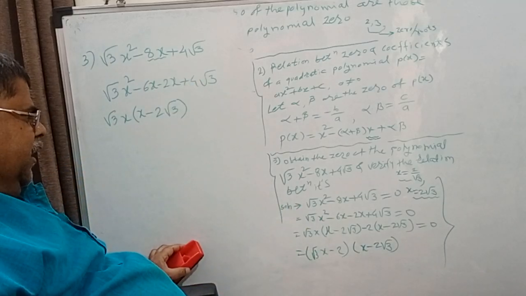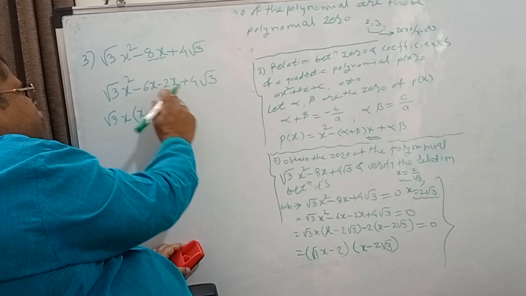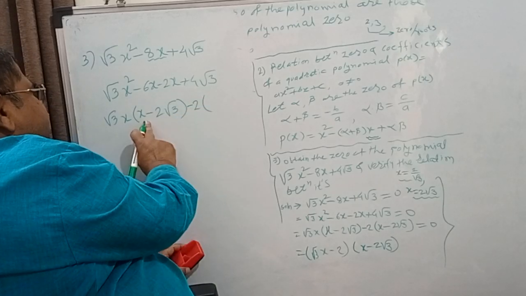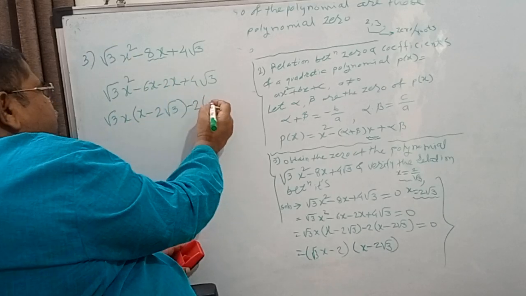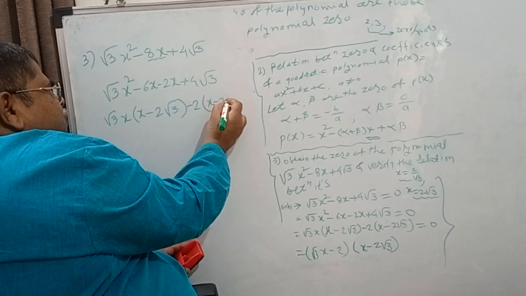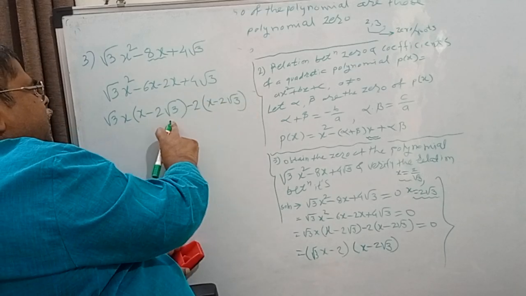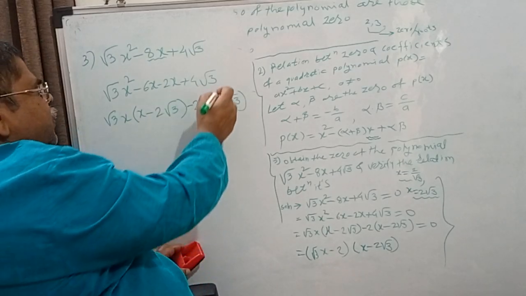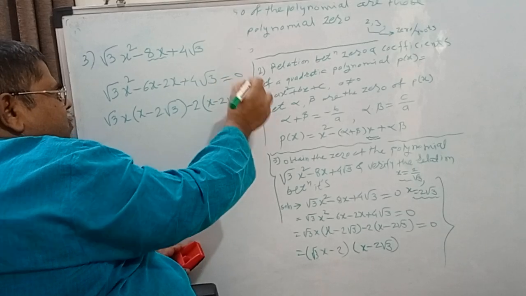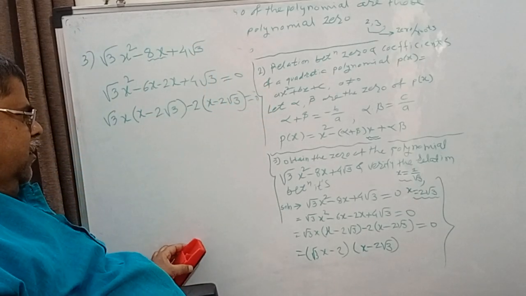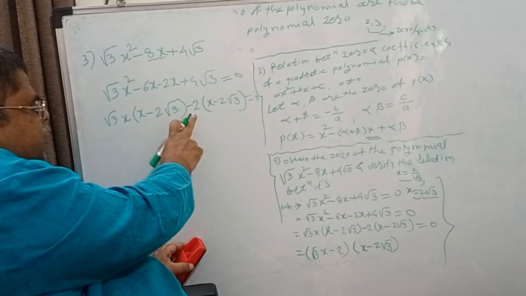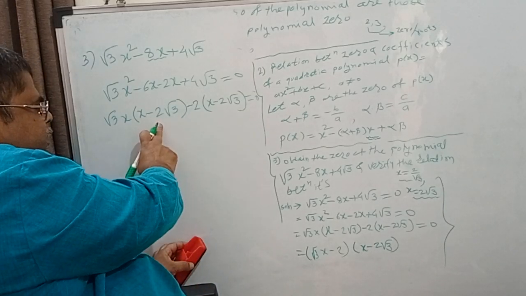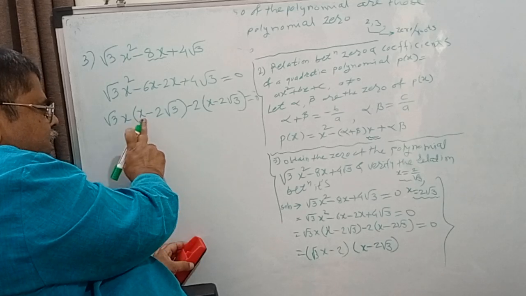Okay, then here minus 2 should be common, and the first bracket is here, x minus 2 root 3 again. Okay, then it is equal to 0. Then minus 2 is common, and x minus 2 root 3 is also common.